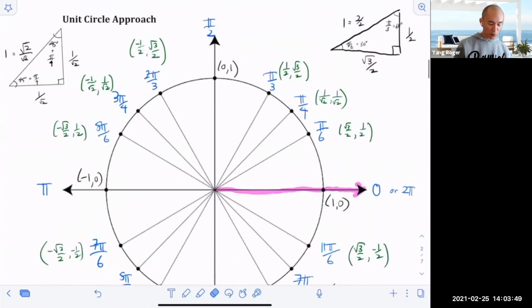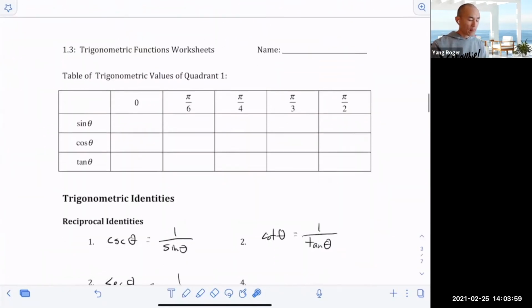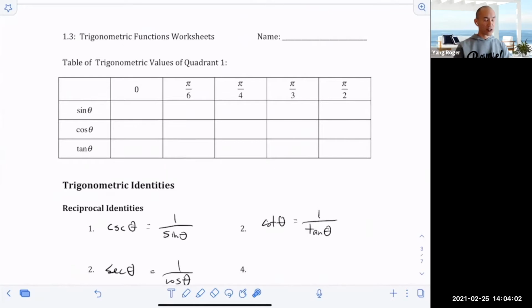In fact, once you really understand the first quadrant super well, you can always just use symmetry to figure out the other quadrants, right? So in the past, I've taught students a method of how to really find all the trig values in quadrant 1 really quickly.